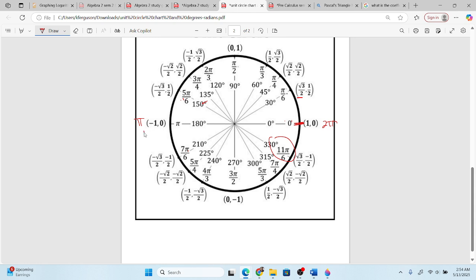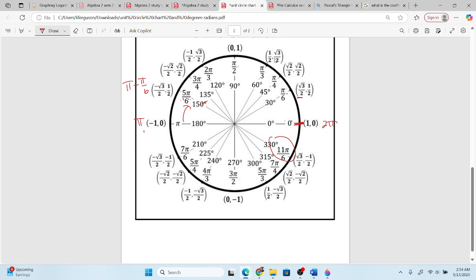Well, if I'm trying to get to this point right here, this is pi minus pi over 6, or pi minus theta. If I go this way from pi, that angle right there is 30 degrees.